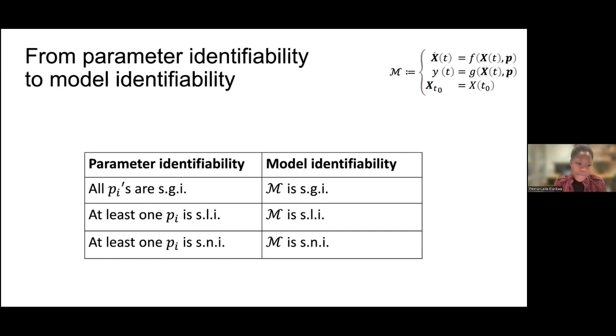So if all my parameters in the model are structurally globally identifiable, then we say the model is globally identifiable. But if one parameter is locally identifiable, then the entire model is locally identifiable as well. And it makes sense, right? Because the parameters and the states describe the model. And lastly, if at least one parameter is non-identifiable, then the entire model is non-identifiable.